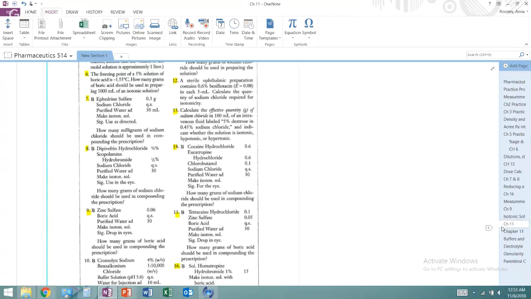So this is ephedrine sulfate. We're going to put 0.3 grams in it. We're going to add sodium chloride QS, which means as much as we need, and purified water. And this person has said, make it an isotonic solution, and then tell the patient to use it as directed. So how many milligrams of sodium chloride should be used in compounding this prescription?